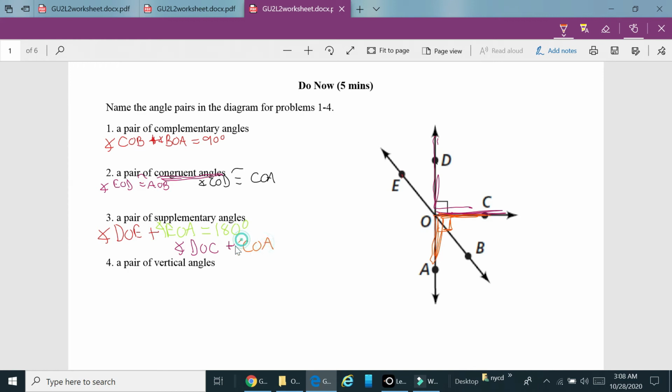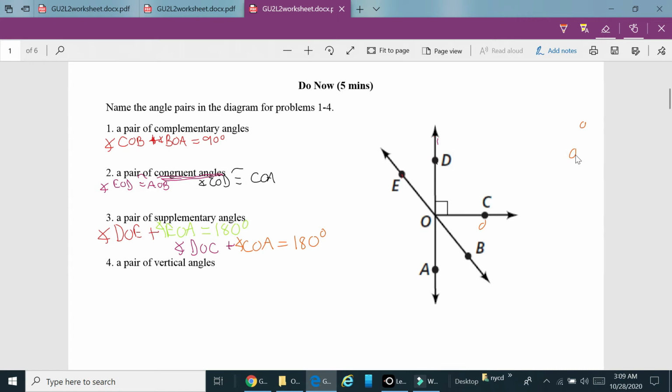COA, put the angle there, equals 180 degrees. Okay, because why? Because you have a right angle there, that's 90 degrees. Then you have another angle with the COA, that's another 90 degrees. So 90 degrees plus 90 degrees equals 180. And that's the definition of a supplementary angle, 180 degrees.